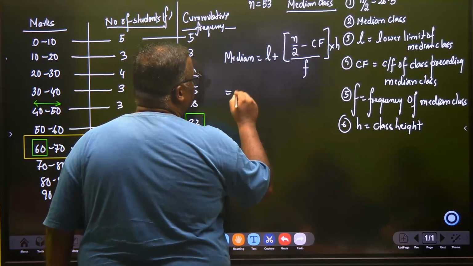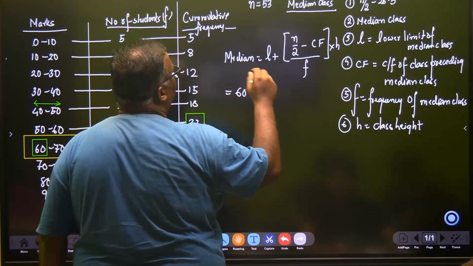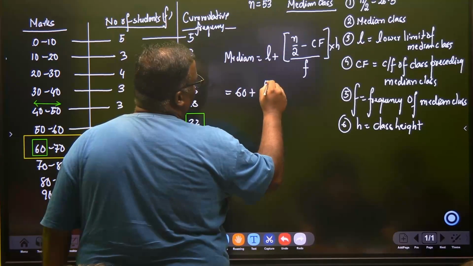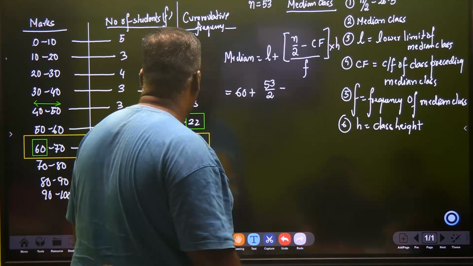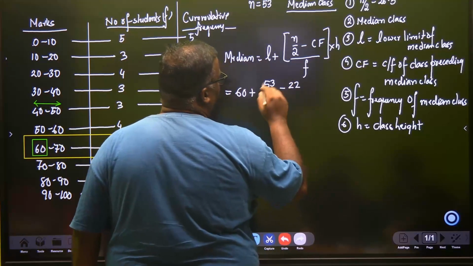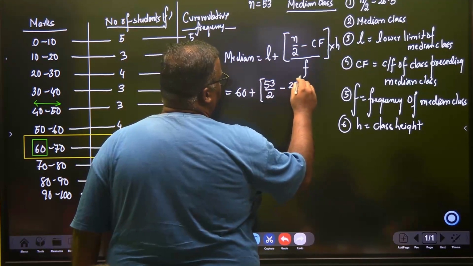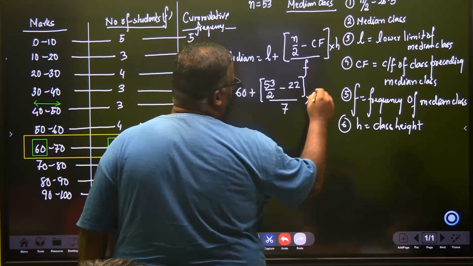Our median will be 60 plus 53 by 2 minus the CF. How much is the CF? 22. All right. By 7 multiplied by 10.